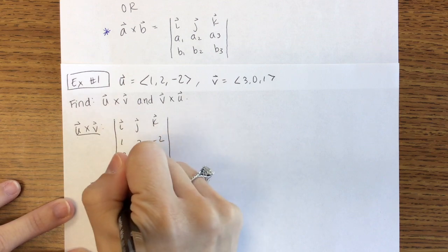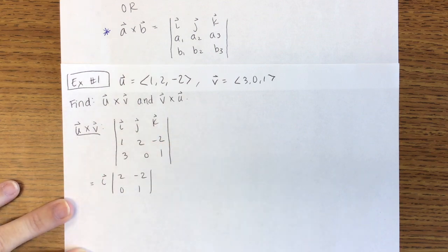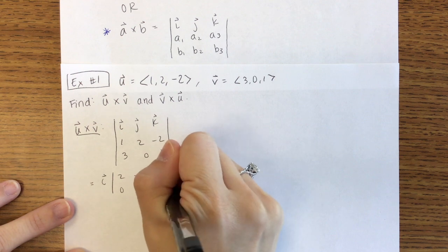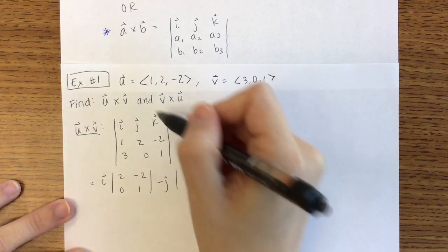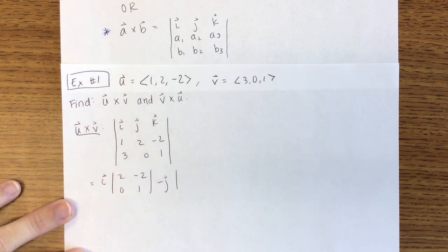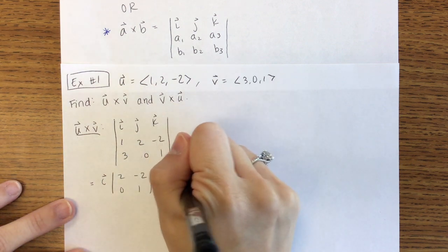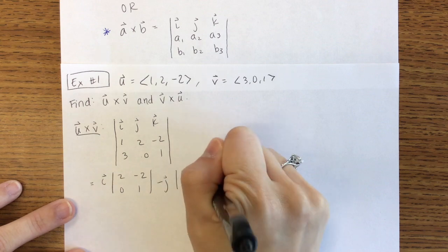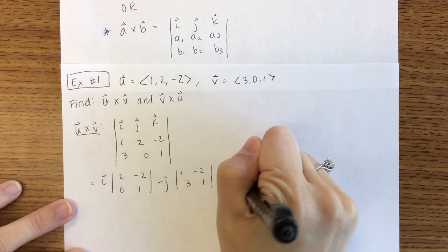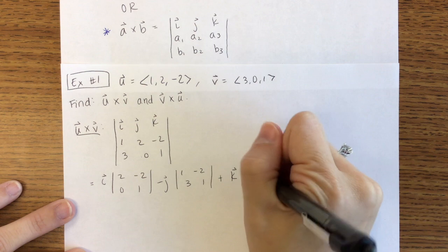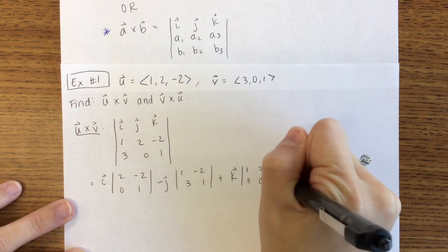So that's the 2, -2, 0, 1. For our next element, we need to flip the sign. So ignore the row and the column that J comes in and look at the matrix that's left, which is the 1, -2, 3, 1. And then for K, ignore the row and the column that K comes in, and we have 1, 2, 3, 0 left.